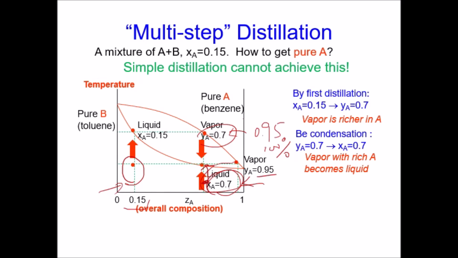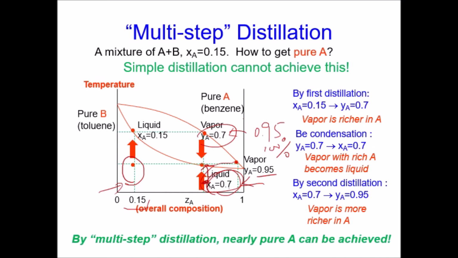Then we let this vapor phase cool, become a liquid, and vaporize again, so you will get an even higher concentration. By doing this several times, we can achieve very high concentration, even approaching 100% separation.